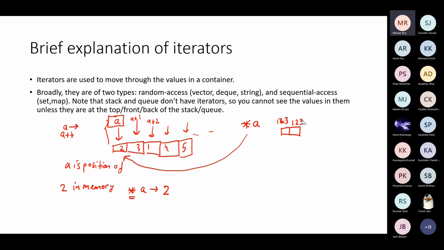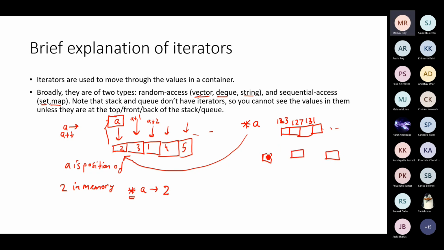So if it is int, it will be 4 bytes, so 127, and then 131, and so on. You get the idea. But for the STL containers, it is not guaranteed that they will always be next to each other, right? It can be possible that they're all scattered throughout memory.